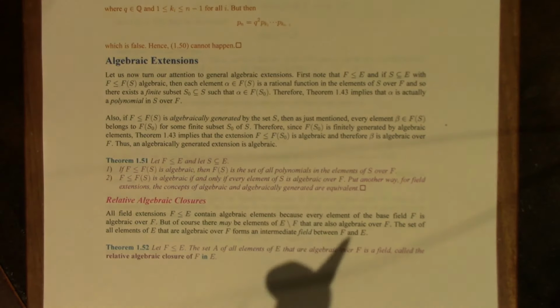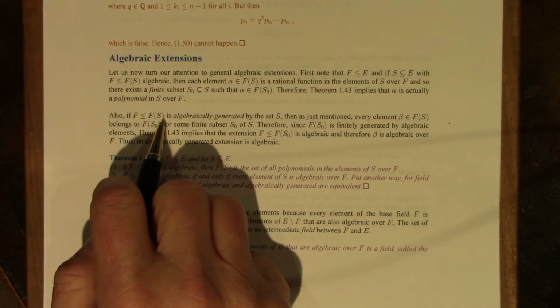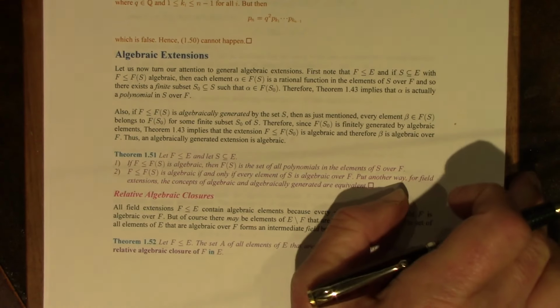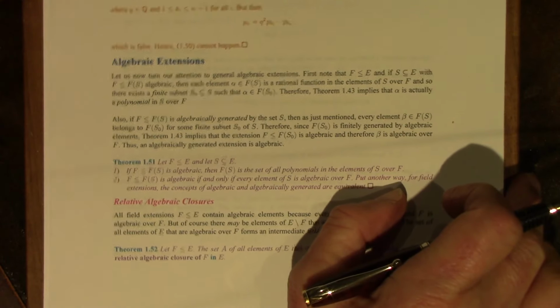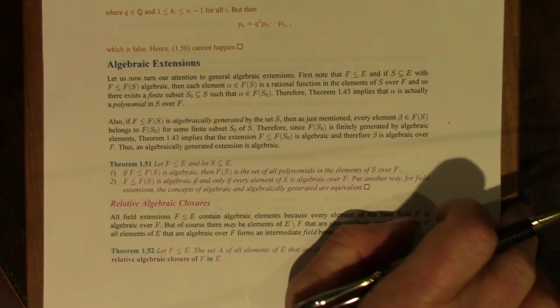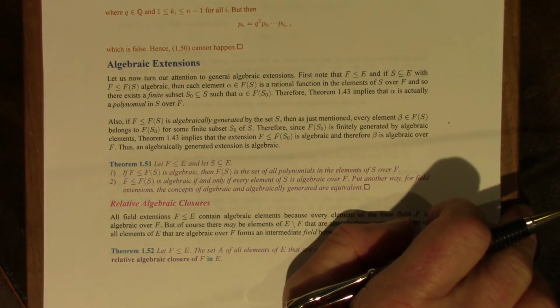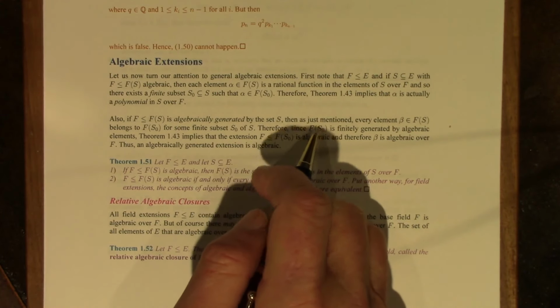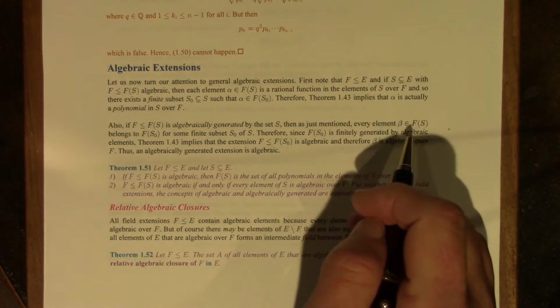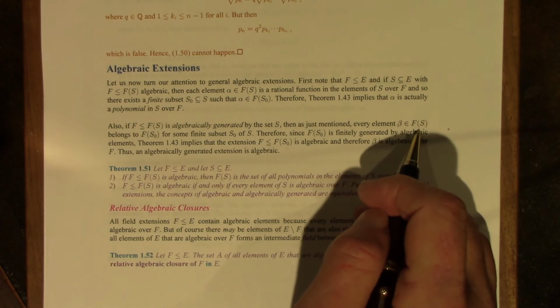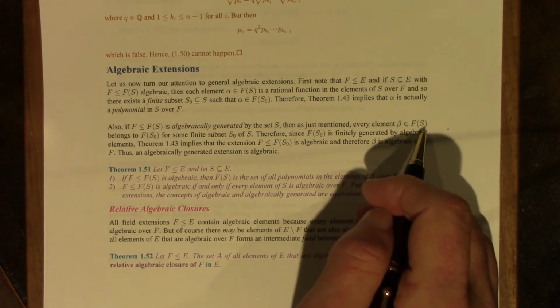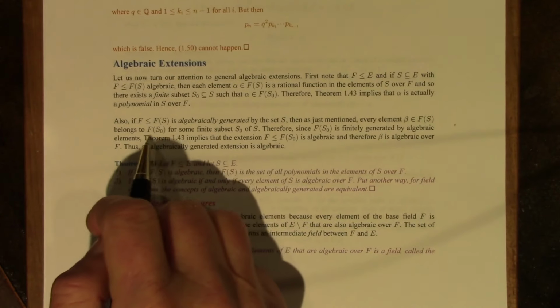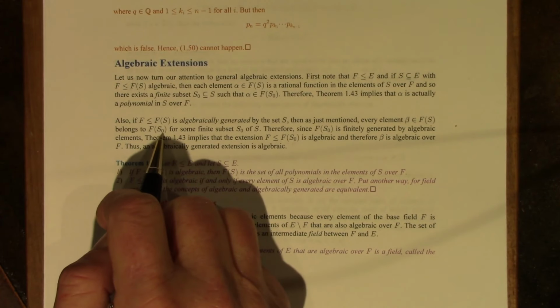Also, if F with S adjoined is algebraically generated, so that means the elements of S are algebraic, then, as we just mentioned, every element in F with S adjoined belongs to F with some finite subset S0 adjoined.